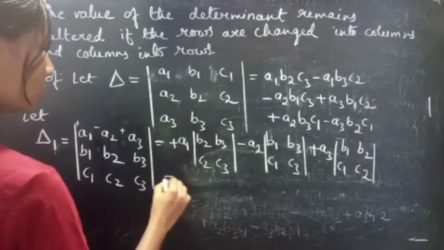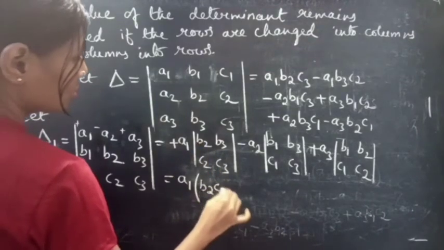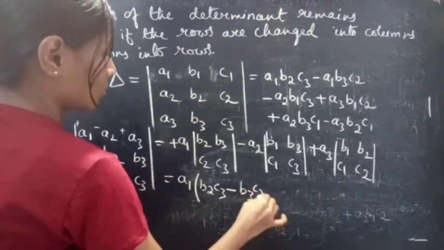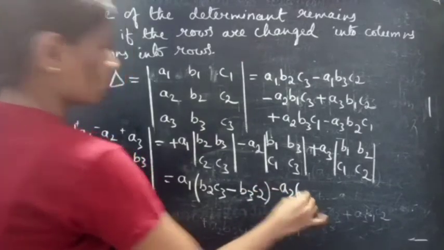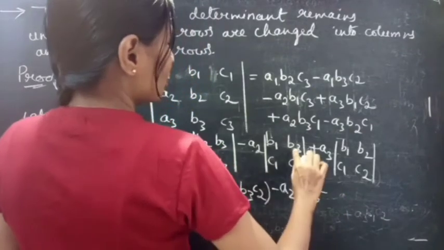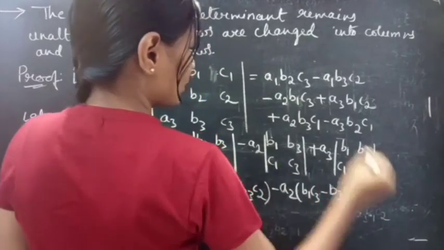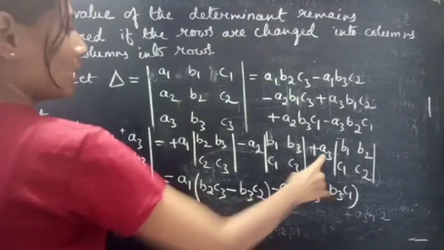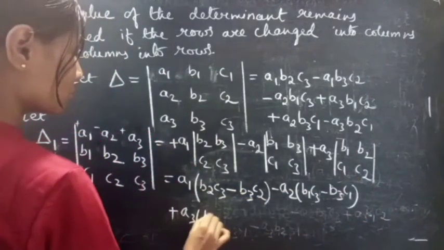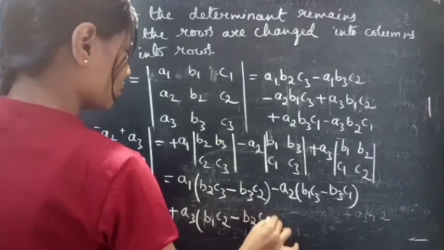So this is equal to A1 into (B2 C3 minus B3 C2), minus A2 into (B1 C3 minus B3 C1), plus A3 into (B1 C2 minus B2 C1).